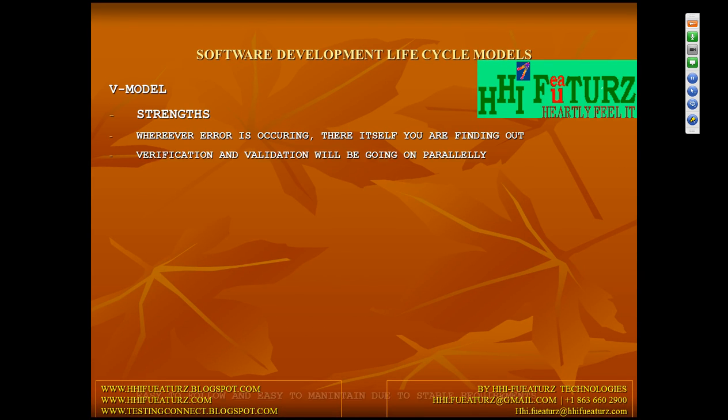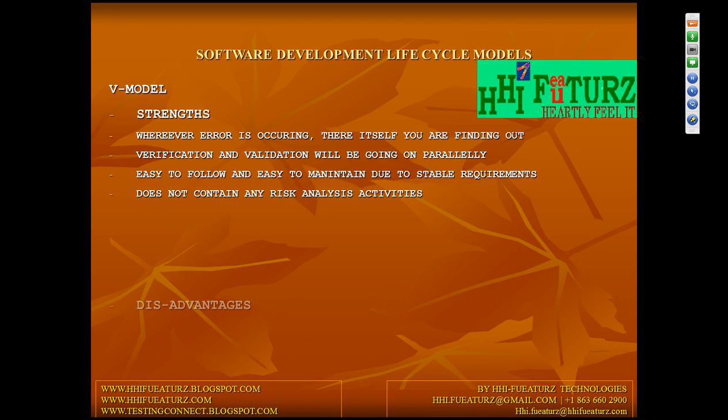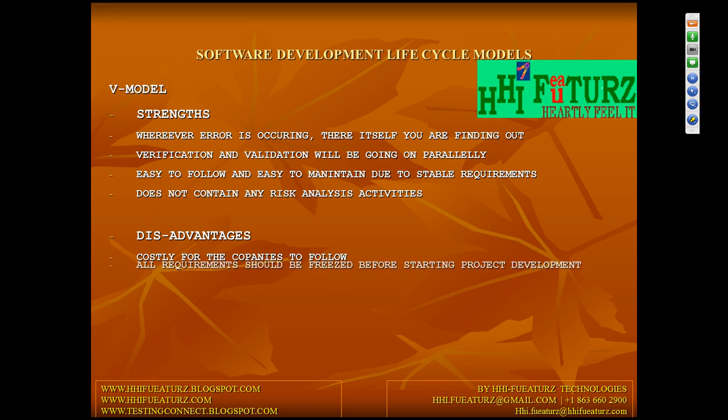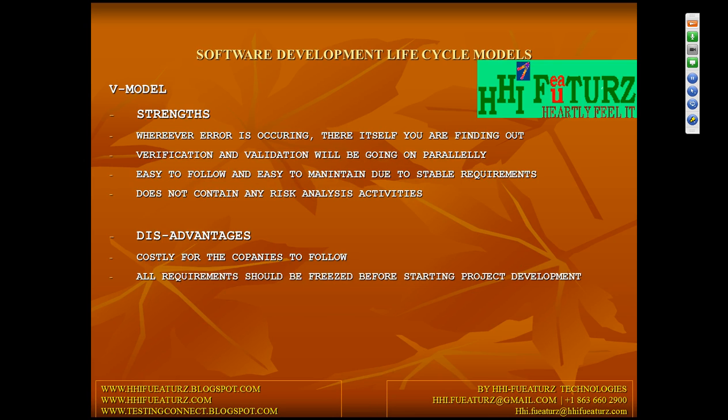Okay, so these are the advantages of your V model. It does not contain any risk activities, because you have stable requirements, so you don't want to take any risk. The disadvantage is that it's a costly model for the company to follow. Why? The whole team is present in all the phases, from the starting position to the ending stage.